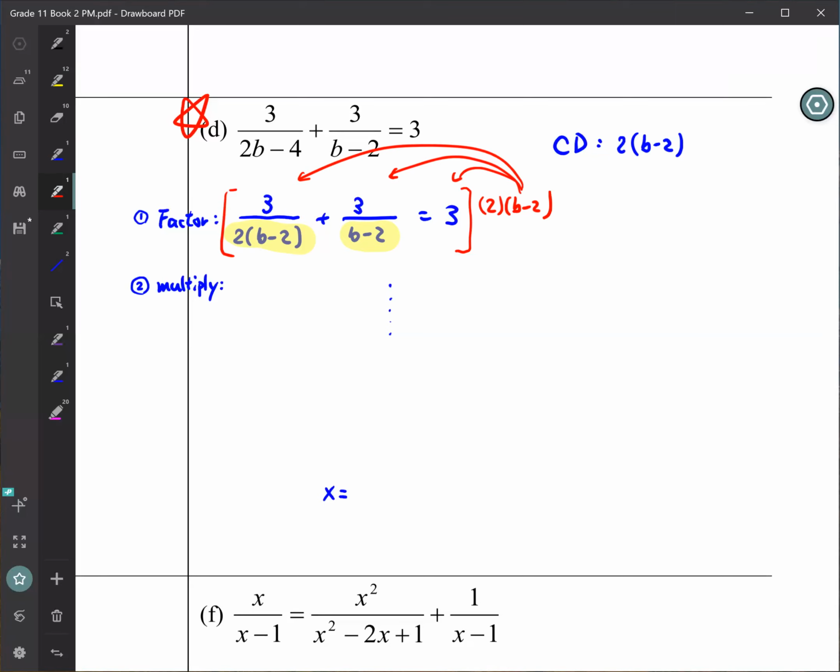Okay, we have one person already got the final answer. Don't forget restriction 2.